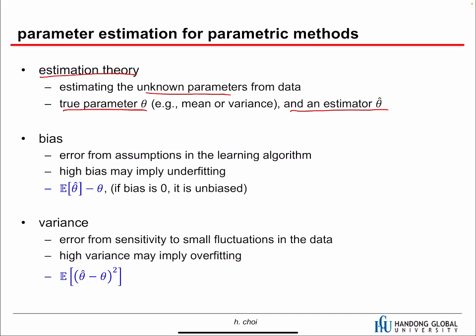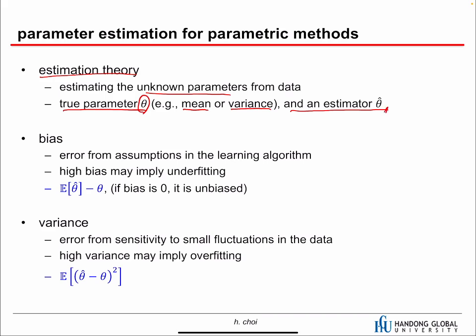For example, if we want to estimate the height of people in this country, we would have to measure the height of the whole population. Then there is the true mean and variance, but that's not possible. There is a true parameter theta, but it is unknown and hidden, because we cannot measure all people's height at the same time. But instead, we can estimate that parameter.